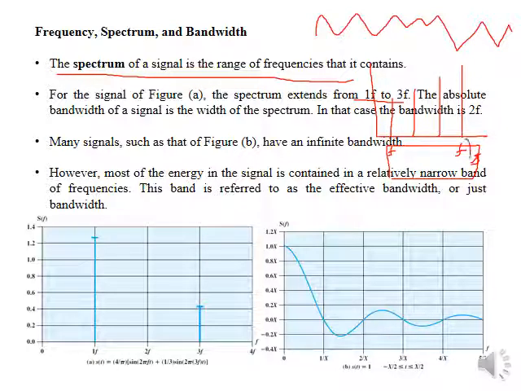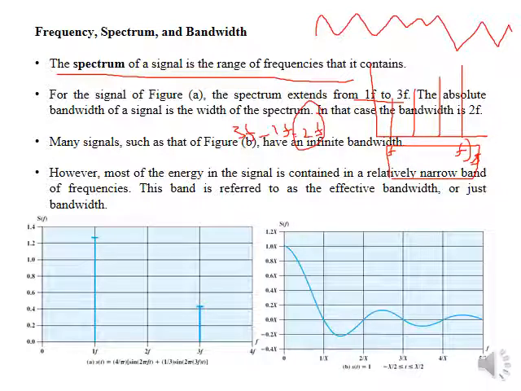And if you subtract the lower frequency from the upper frequency, in this case 3f minus 1f, you will get 2f. This is called bandwidth.